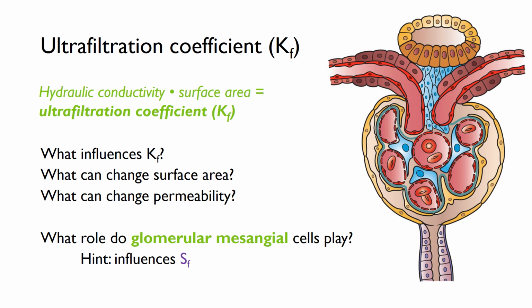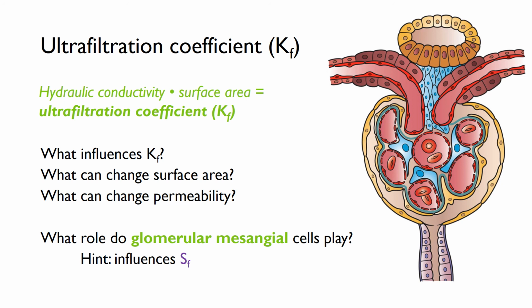So the question is, what can influence this variable? Well, what can change surface area? What can change permeability? What can change leakiness? Well, certainly if you damage the endothelium itself, that could change the leakiness. But another thing that is under good physiological regulation is the surface area.